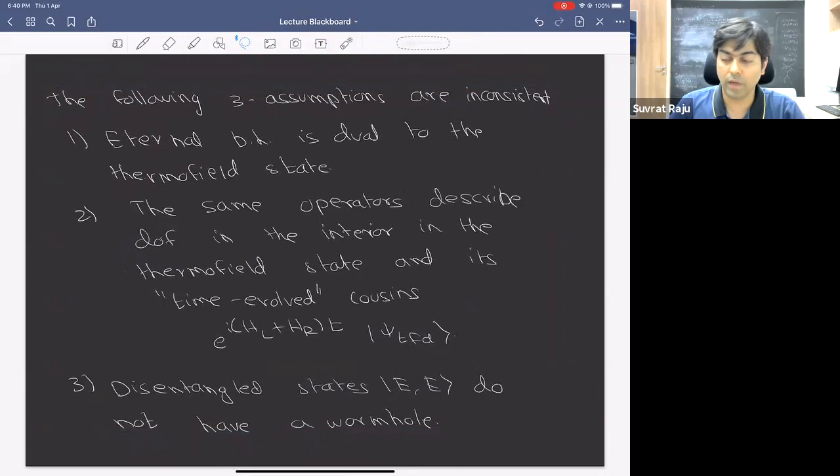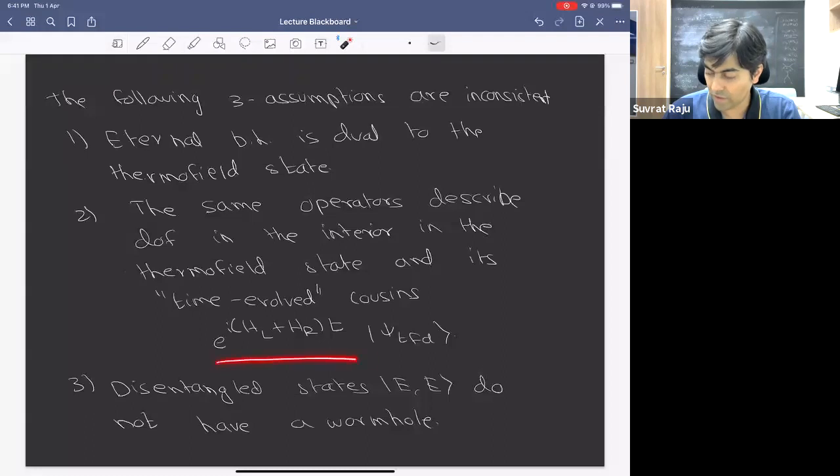So now what we'd like to understand, and this is a subtle argument, so it's worth going through this slowly and in detail, is that if you believe that you should only use state independent operators, which is assumption 2 here, if you believe that you should use the same operators in different microstates for the single-sided black hole, and you would therefore believe that there are a set of states which are cousins of the eternal black hole, which are not quite the thermofield double state, but which are the thermofield double state with some time evolution.